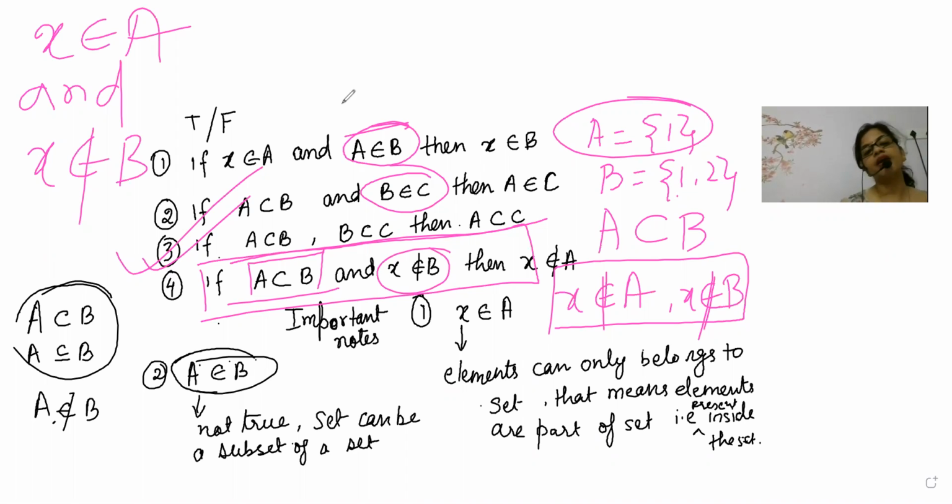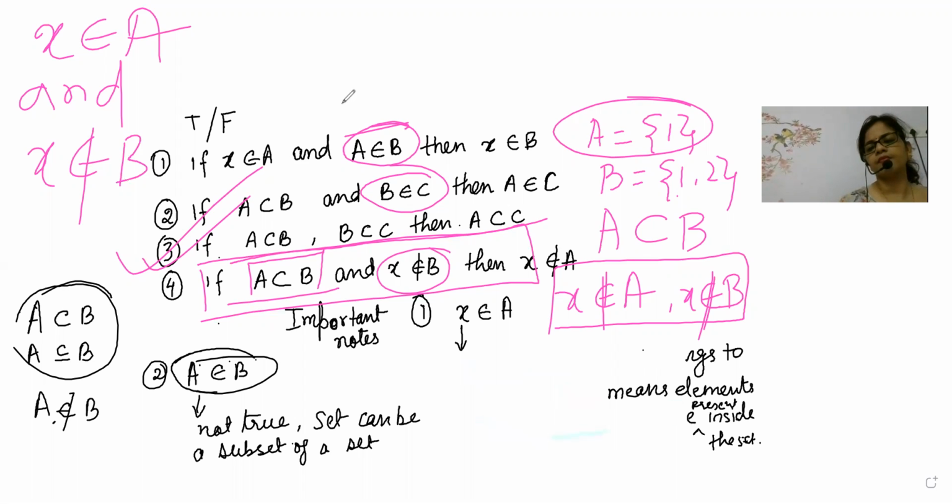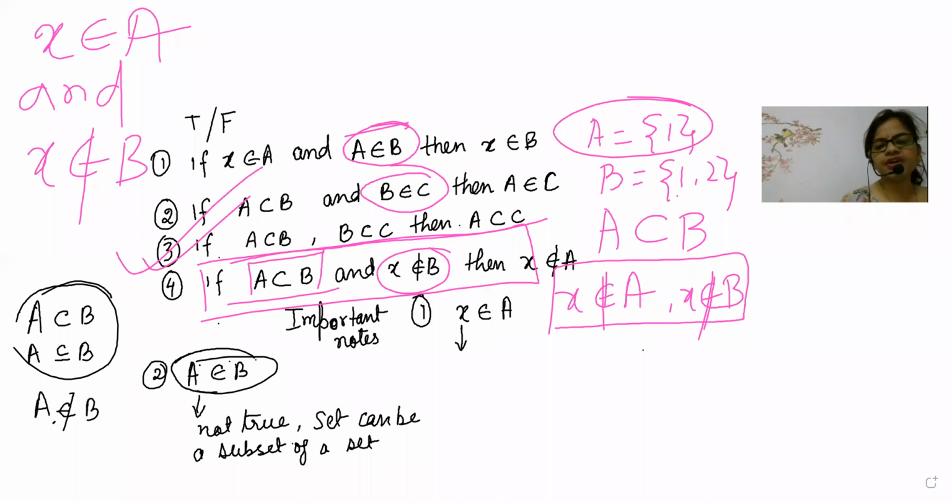Then you will ask, auntie, this is quite confusing. X is not belonging to A, and X is not belonging to B. Correct statement, right? Look here. The statement is correct only.